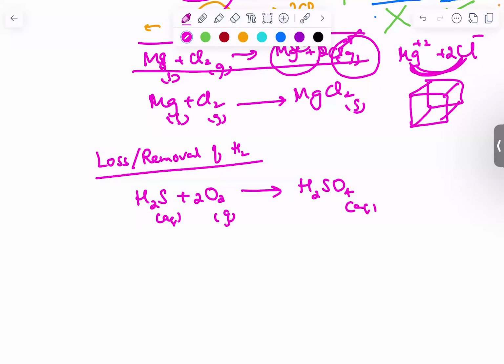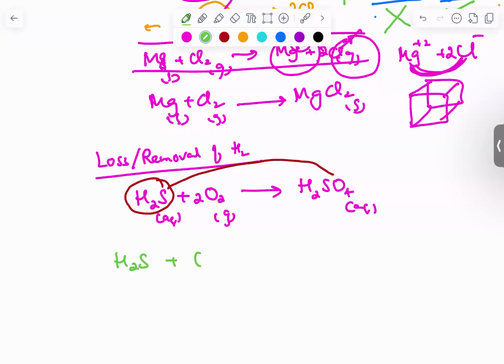Have a look now. What is it? Hydrogen sulfide. Now hydrogen sulfide has been changed to sulfuric acid. So you can say that actually what has happened in this equation, and let me write the other one as well.